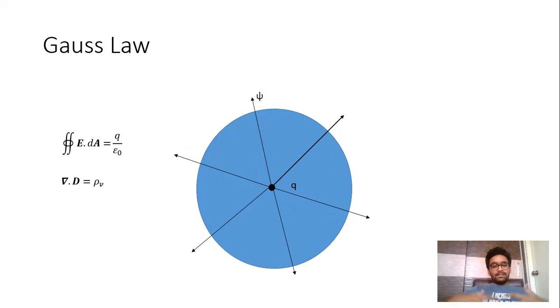The electric flux psi coming from the closed surface is nothing but the charge enclosed by this surface. If you change to the point form, del dot D is nothing but rho V. Del dot D is the divergence of electric flux density.